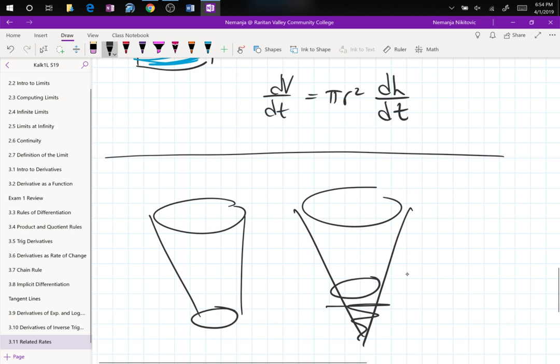Now, in that case, is it going to be the same as the above? Clearly not. Why? Radius is changing now. Yes. So you have the volume formula, where volume is a variable, radius is a variable, height is a variable. Radius times the height. So when I take the derivative, what happens?